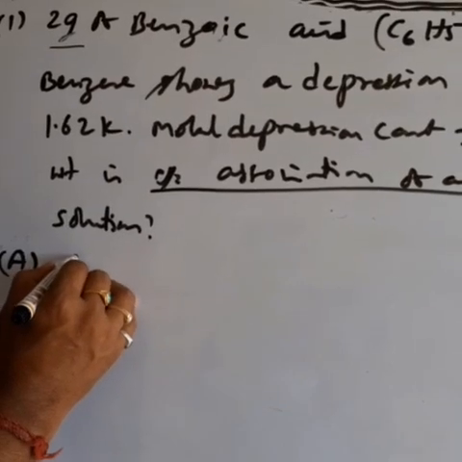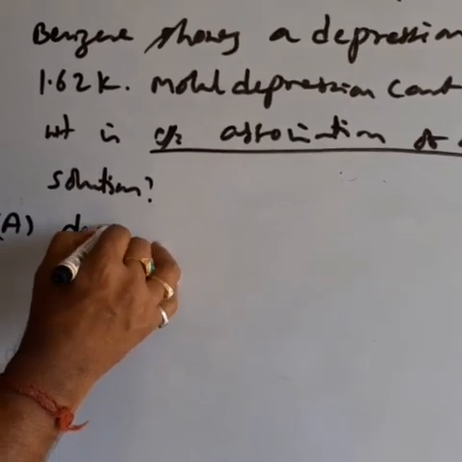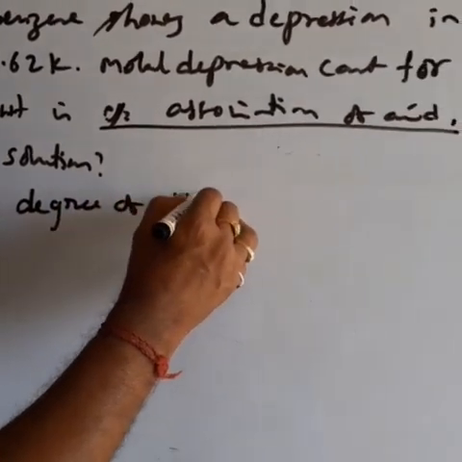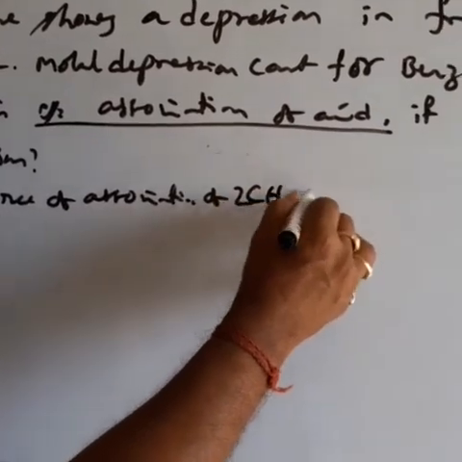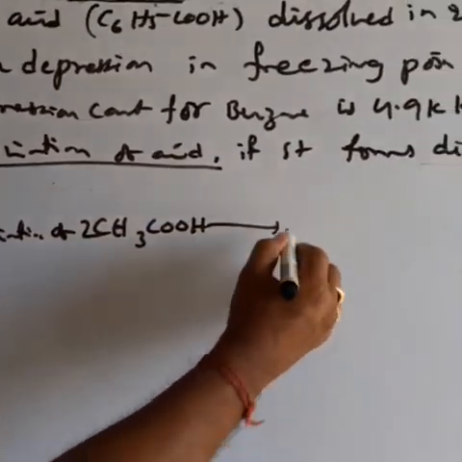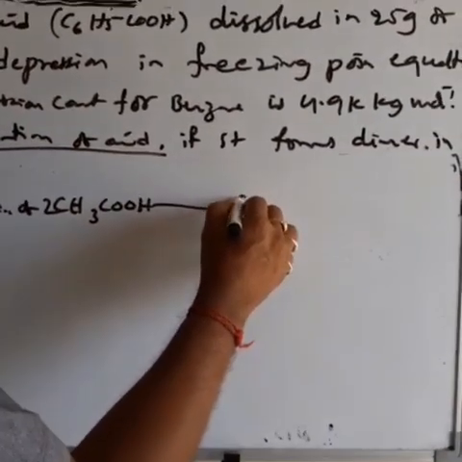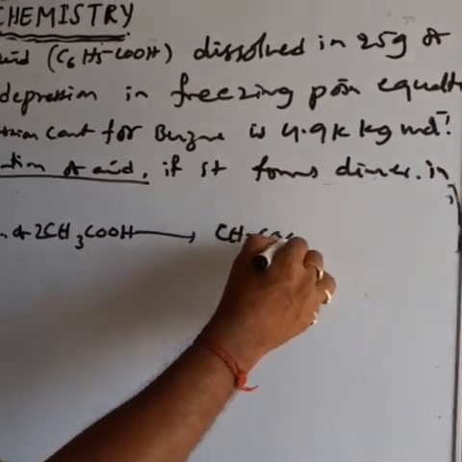The next one is the degree of association of acetic acid. 2 moles of acetic acid reversibly associate in benzene to form the dimer.